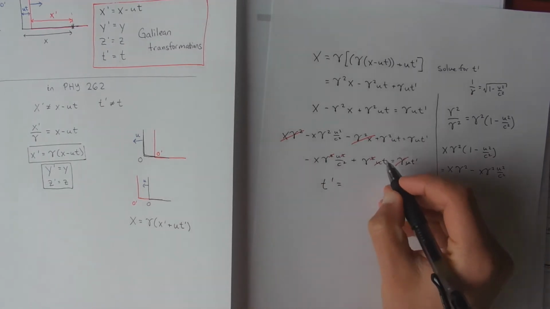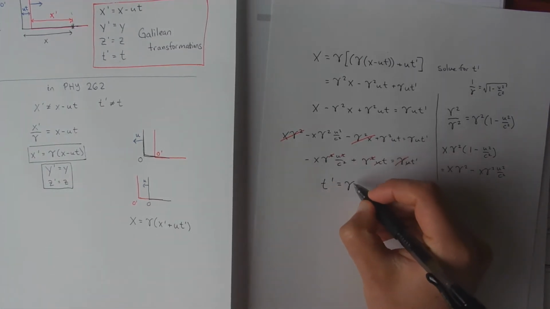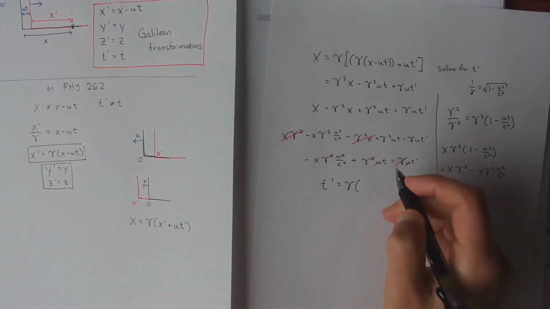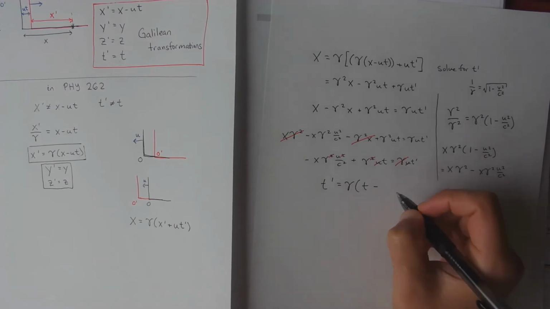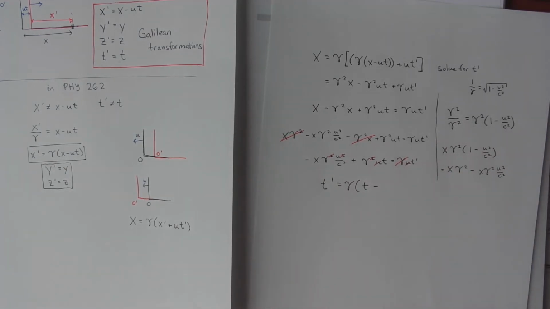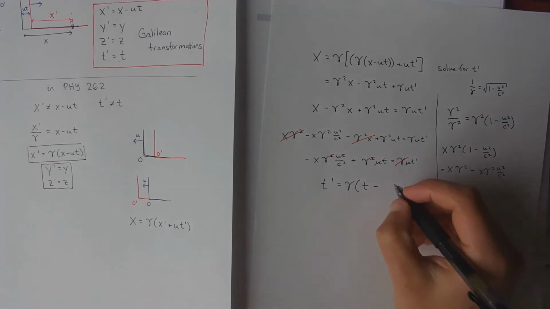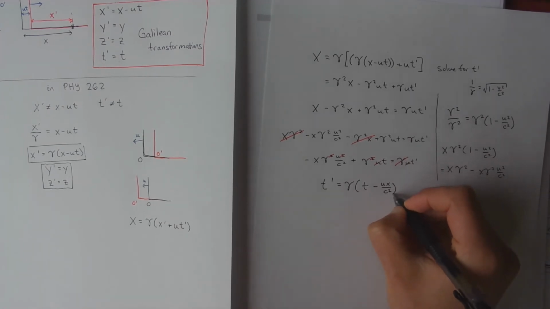T prime is equal to gamma times t, and there's a gamma in the other term also, so we can pull that out front. This is just t, and this is minus x times u divided by c squared. I think in the book they write it as u times x divided by c squared.